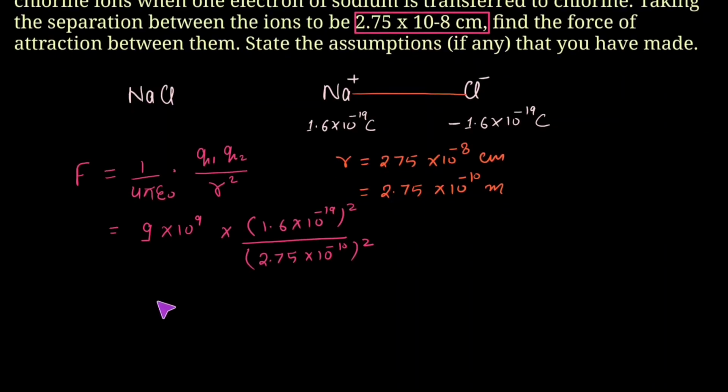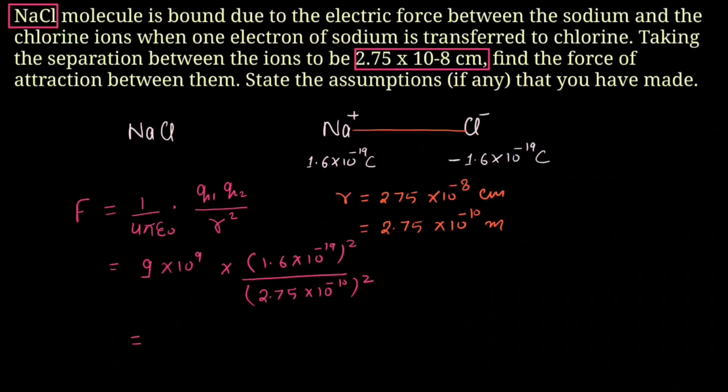Now after calculating all this, we will find the force of attraction between Na+ and Cl- as 3.05 × 10^-9, and the unit is Newton.